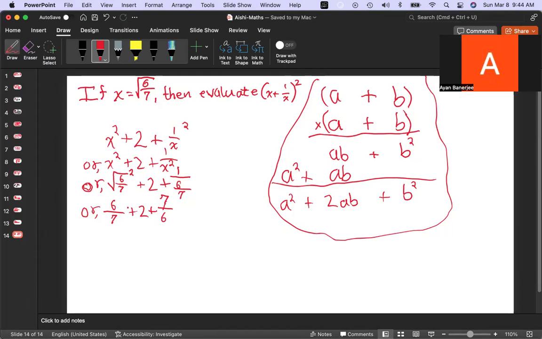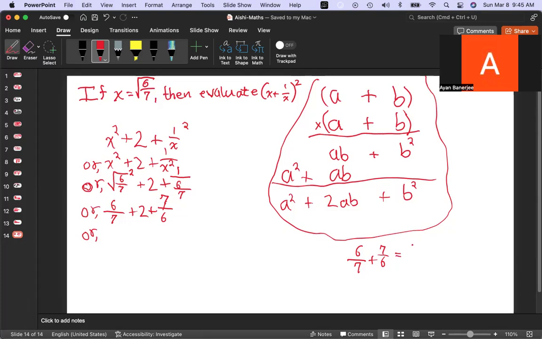Okay, so now let's start with the fraction addition. Let's use this little corner to add. We have 6 by 7 plus 7 by 6. So the least common multiple of 6 and 7 is 42.